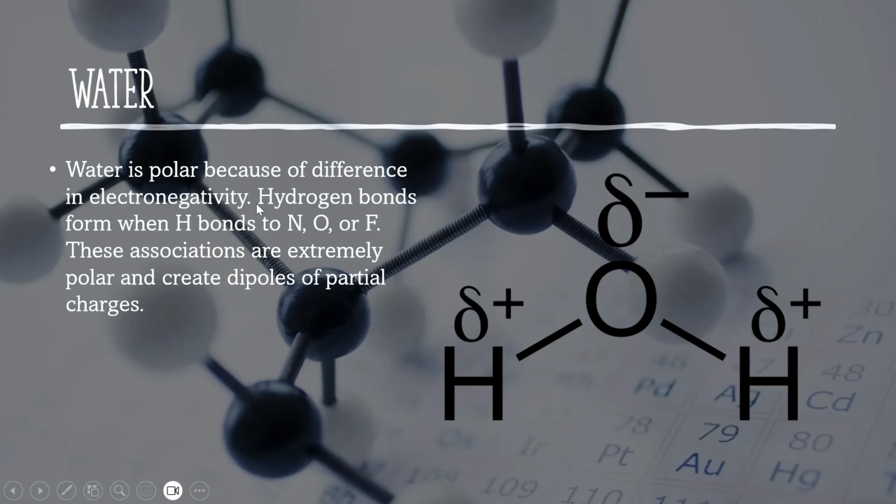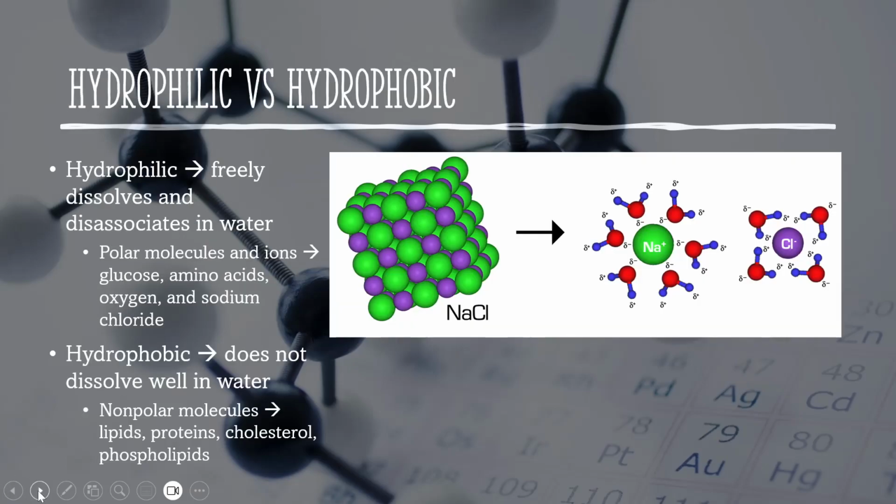These hydrogen bonds are a type of intermolecular force, so it's not going to be chemical bonding like this per se, but general associations. But yeah, the overall polarity is a very important thing about water.